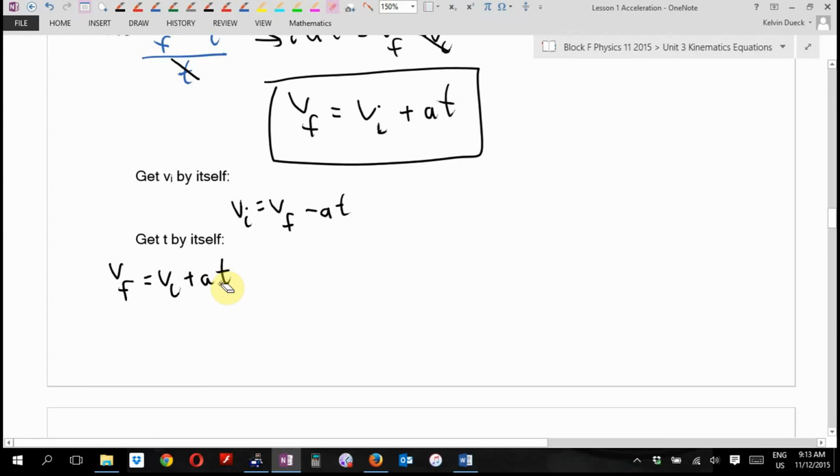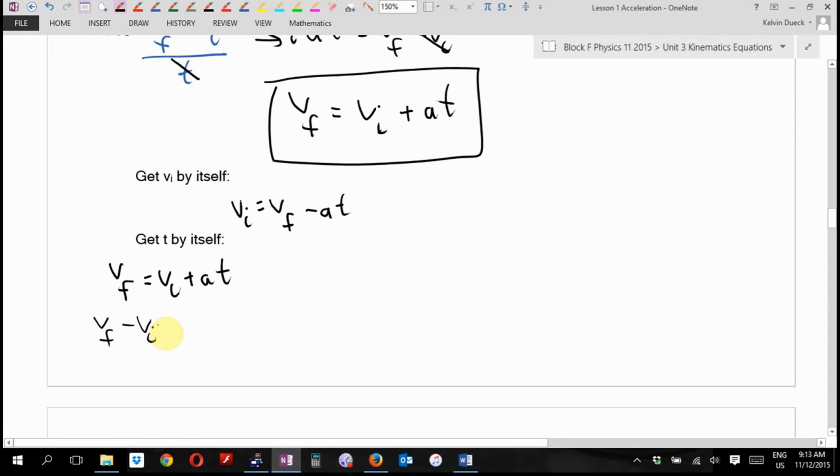So how will I move the A over? What's the opposite of timesing by A? Turns out you do that last. What's the VI doing? Adding. How will I move it over? To get the T by itself, the VF will drop down like a domino. I'll minus the VI over.